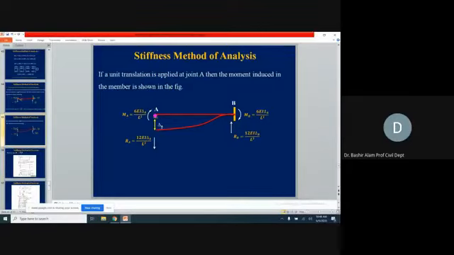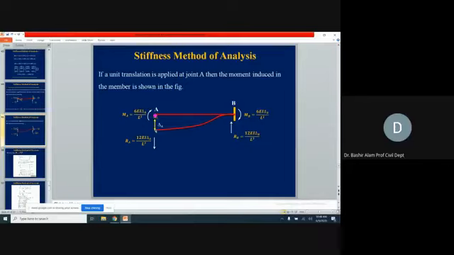First, how we find out the direction of the moment produced at this near end. The direction of this moment, if you see, we have shown in clockwise direction. How is this clockwise direction coming? Simply, if you take this distorted end after this displacement, this elastic structure will try to come back to its position.